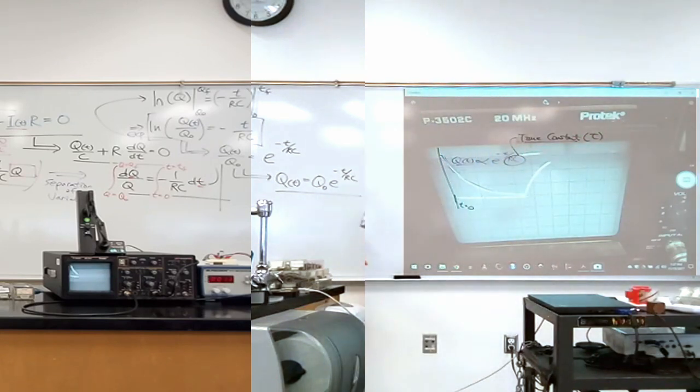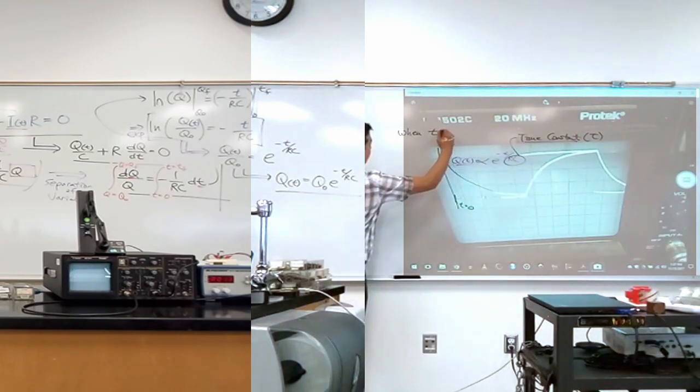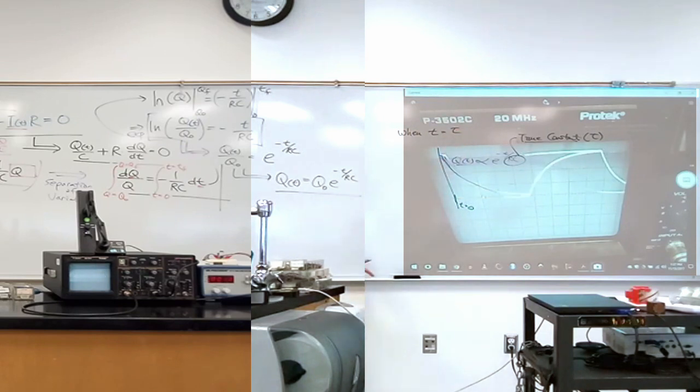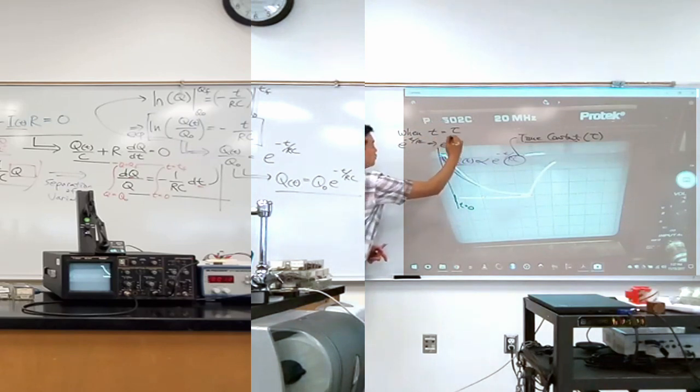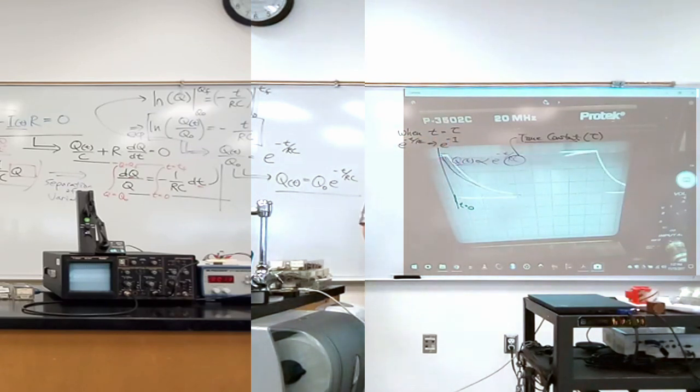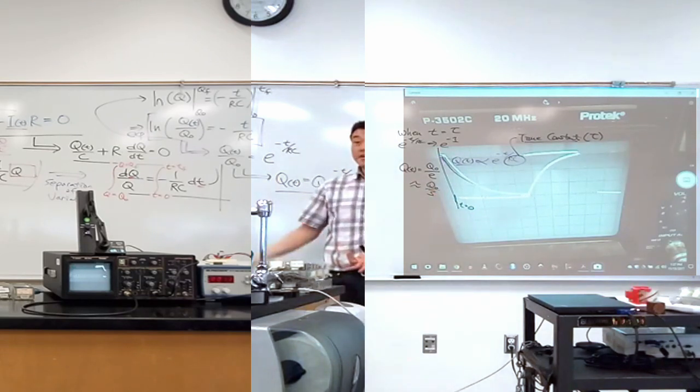When time is equal to tau, then this factor e to the minus t over RC becomes e to the minus 1. Or in terms of charge, your Q of t would become Q naught divided by e, which is approximately Q naught divided by 3. e is like 2.7 something.